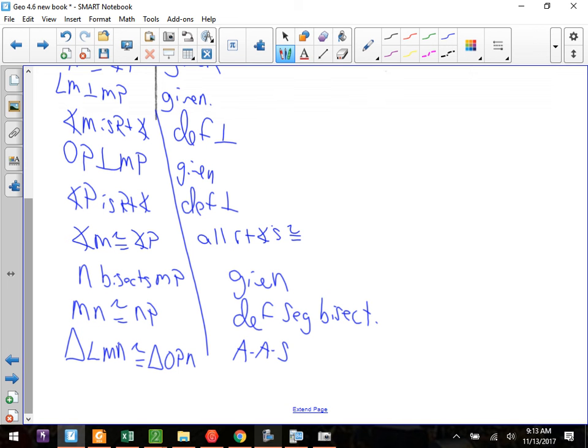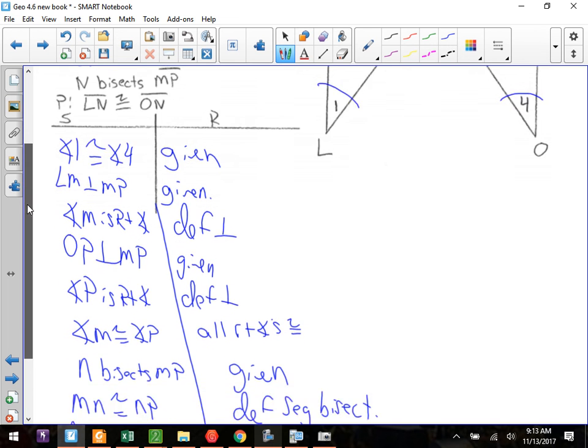Because of my congruency statement, the way I wrote it, L and O have to be the same angles, M and P have to be the same angles, N and N obviously are the same angles, the same letter. So that's why we do the congruency statements. As long as they fit, lettering doesn't matter. And then last, I think it was LN and ON.